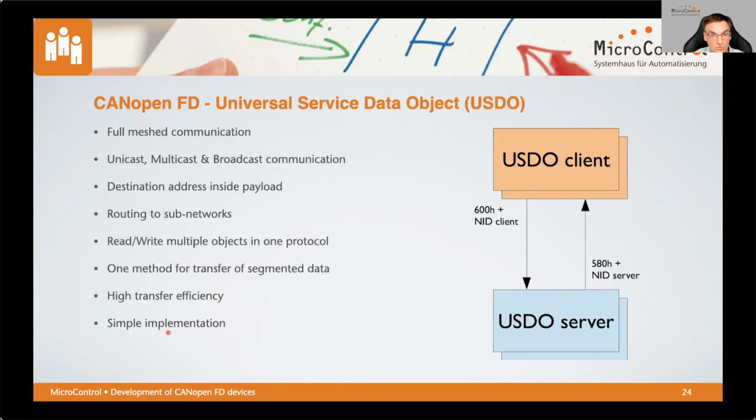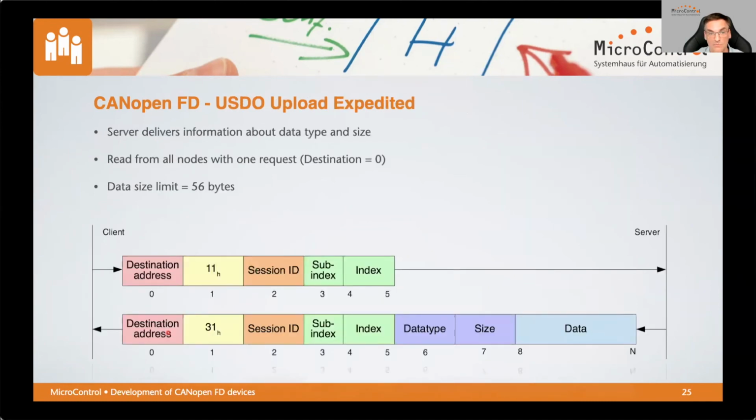That is also true for the new CANopen FD USDO service. Rainer introduced the new concept of unicast, multicast, and broadcast communication. So we have a high transfer efficiency, and we can even use read-write multiple objects in one protocol. That will be the future for this USDO service, and this gives us lots of new possibilities.